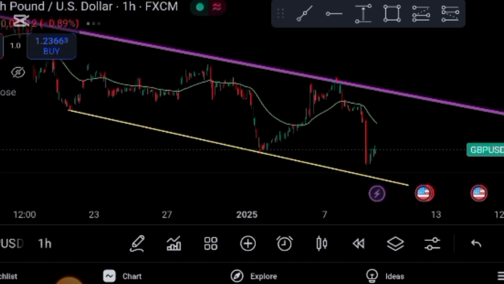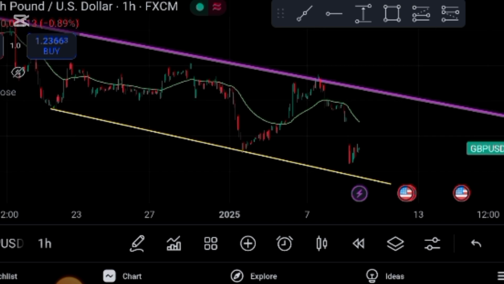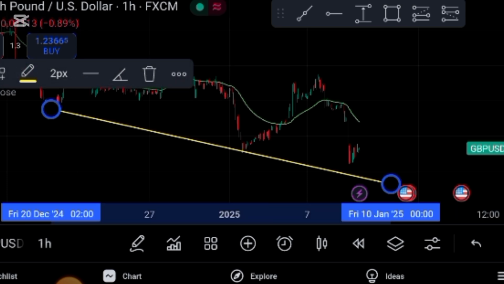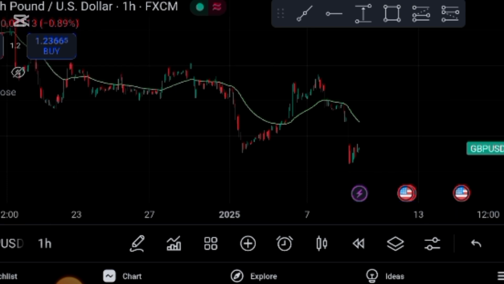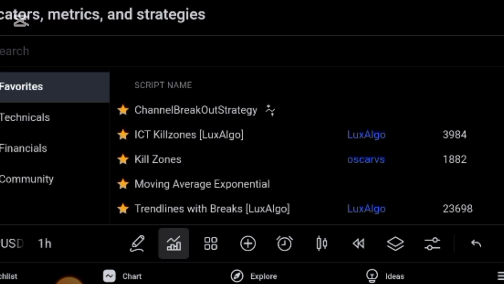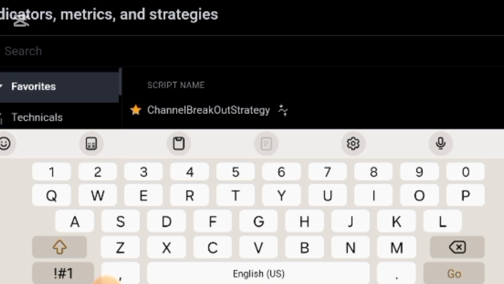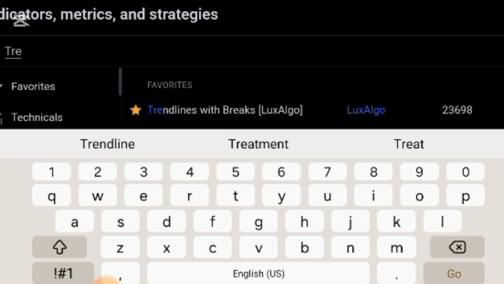Okay, so once we've done this, I am going to be showing you guys other multiple trend line drawers that are there. Let's just go to our indicators. Our indicators also have trend line drawers. Just click on search and search for trend line.